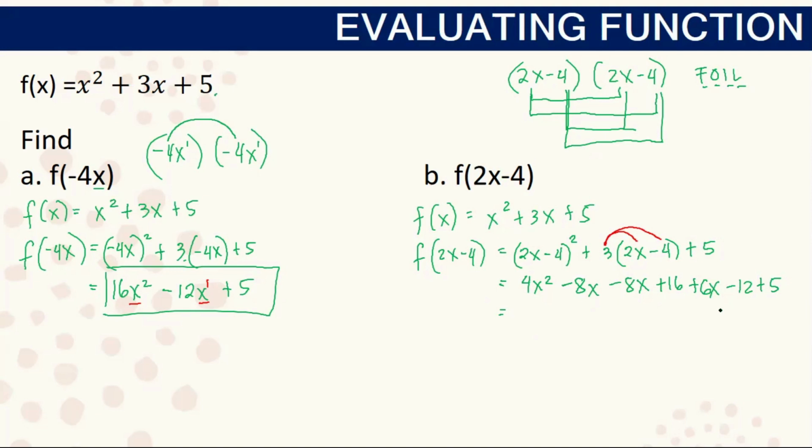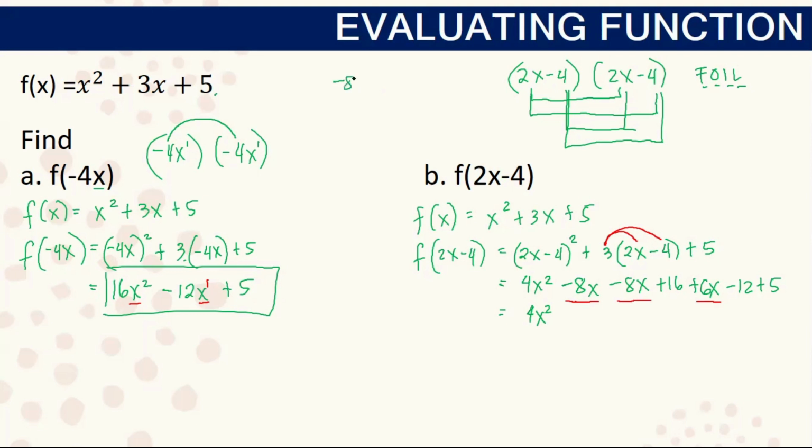So which term can be combined with 4x squared? Wala. So just copy. Wala naman kasing may nasa second degree na expression dyan. Okay? Then how about 8x? Negative 8x can be combined with negative 8x and also with positive 6x.